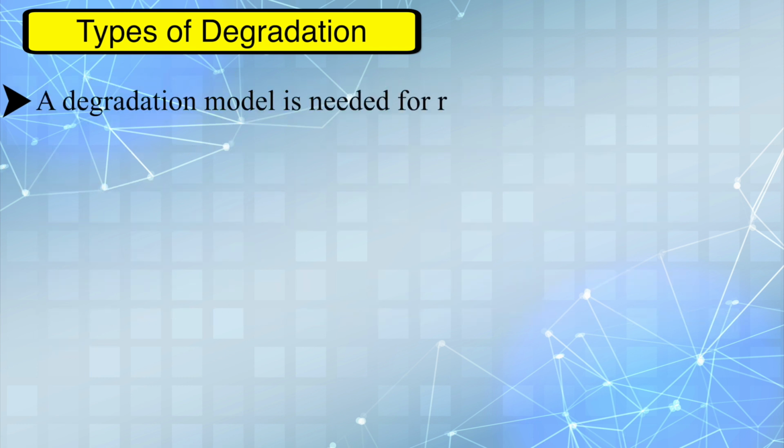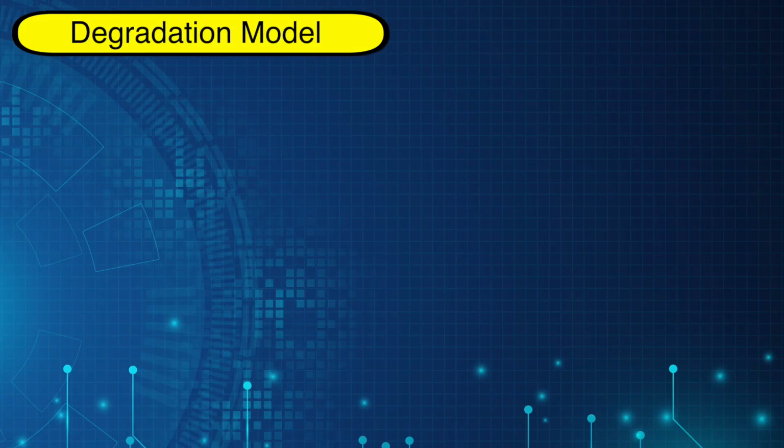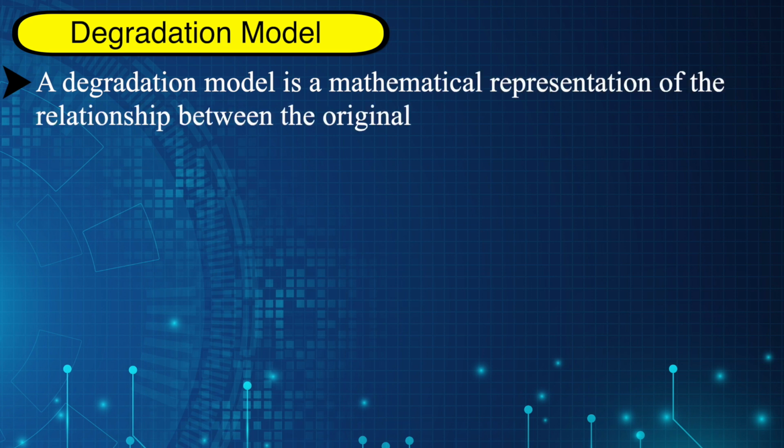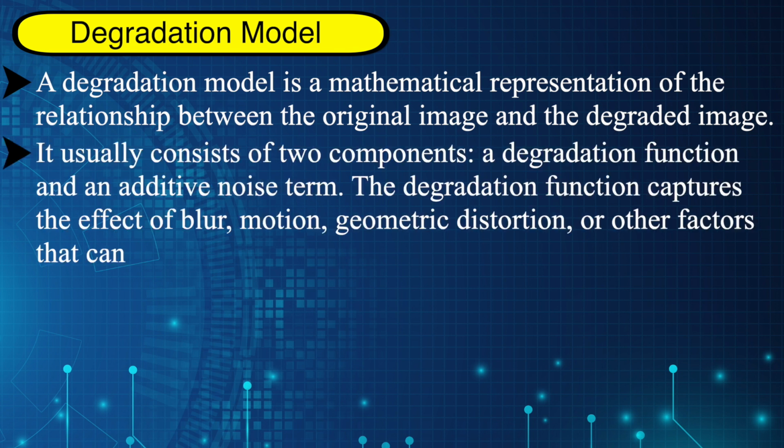So, to recover our original image, a degradation model is required. A degradation model is a mathematical representation of the relationship between the original image and the degraded image. It usually consists of two components.